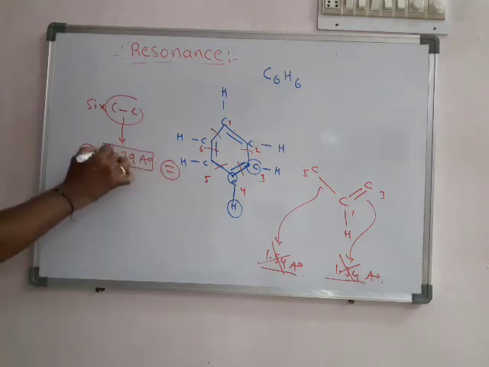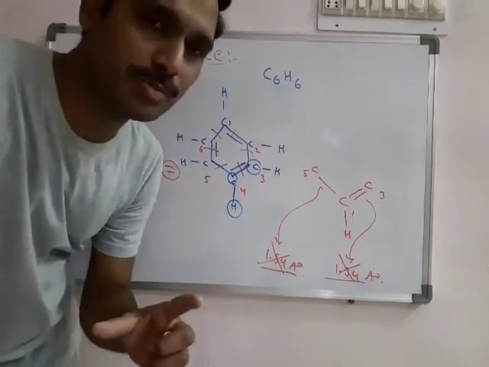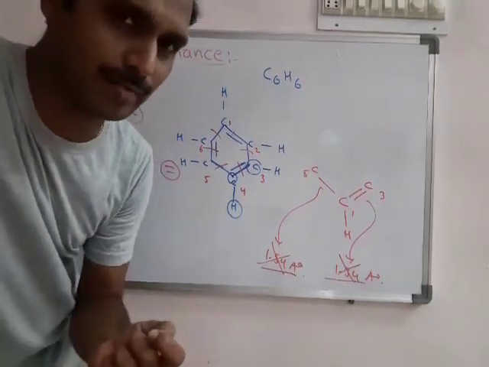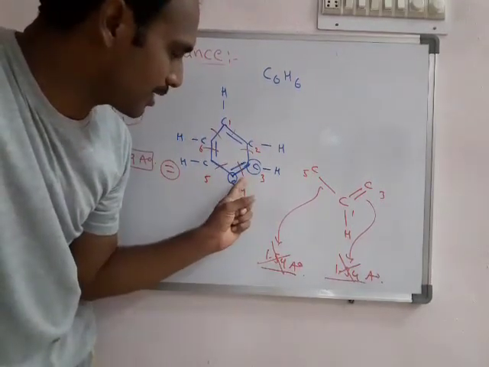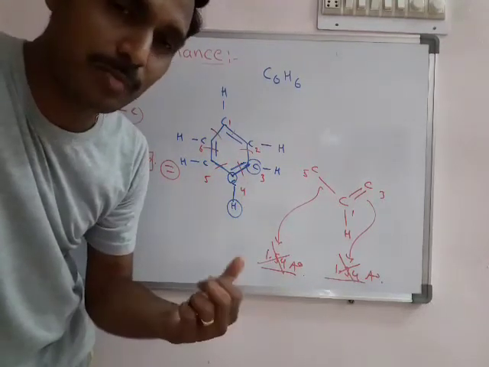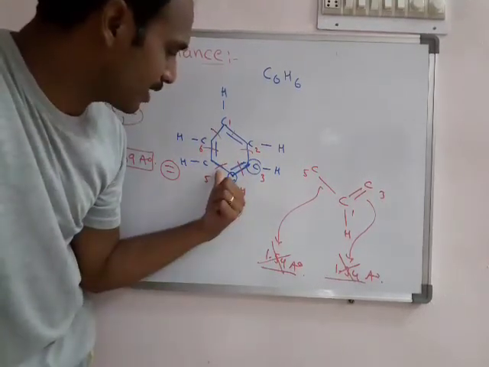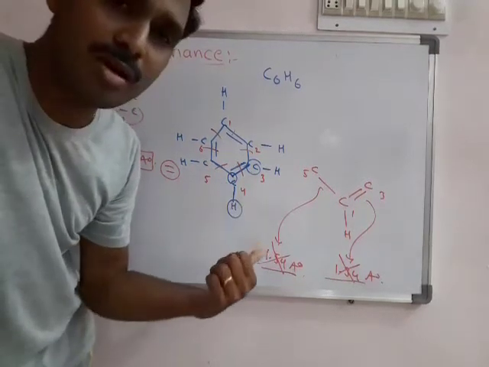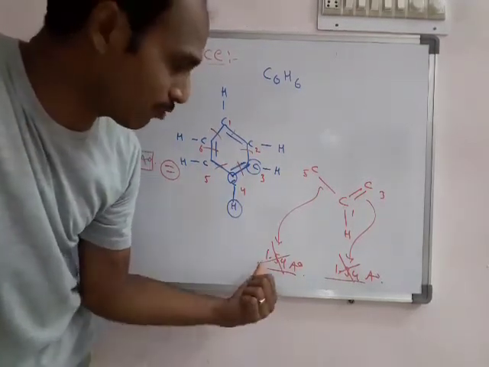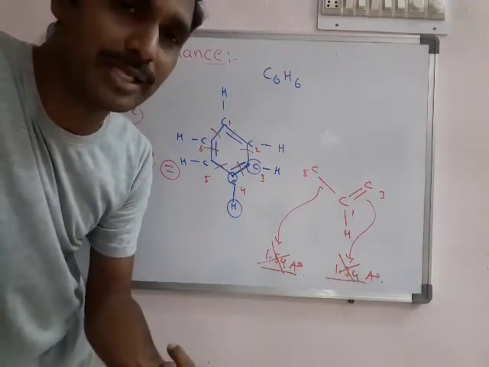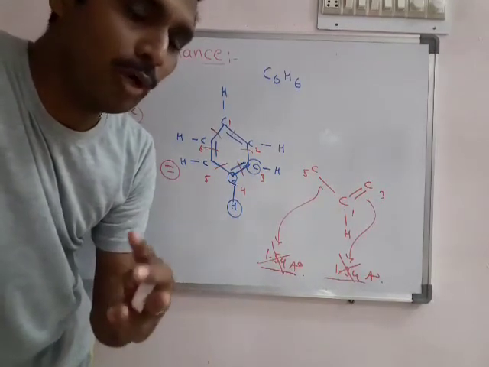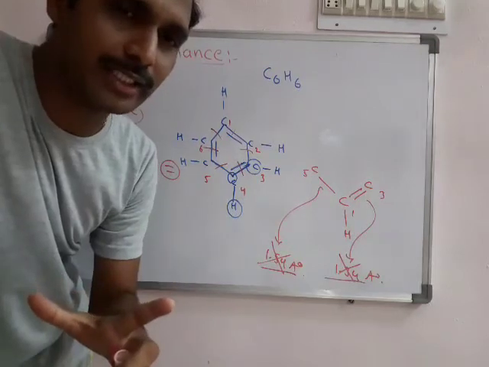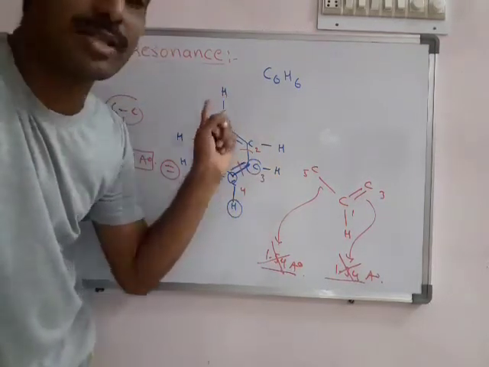So how is it possible to get 1.39 angstroms? At places where there is a double bond, there also 1.39. Where there is a single bond, there also 1.39, not 1.54. How is it possible? Only one thing can explain this bond length, that is resonance structures.